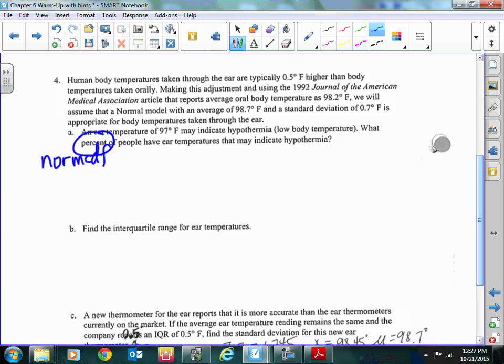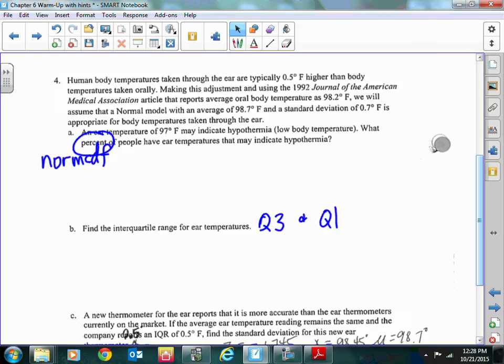So you are not done until you have norm CDF some z-scores. And look at this question B, and the IQR. Well, what did we just do at the beginning of class to enable you to do the IQR? Yep. Find your Q3 and find your Q1 so you can find their difference. Okay?